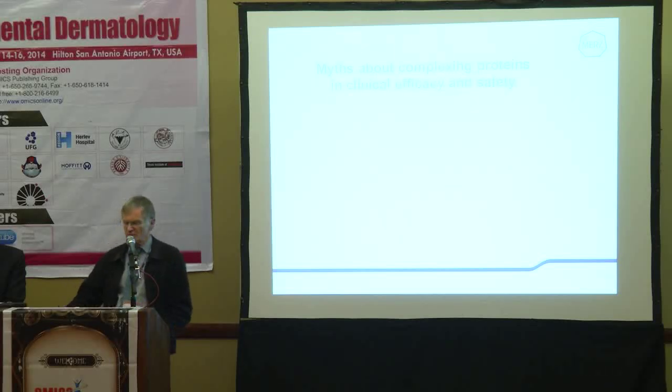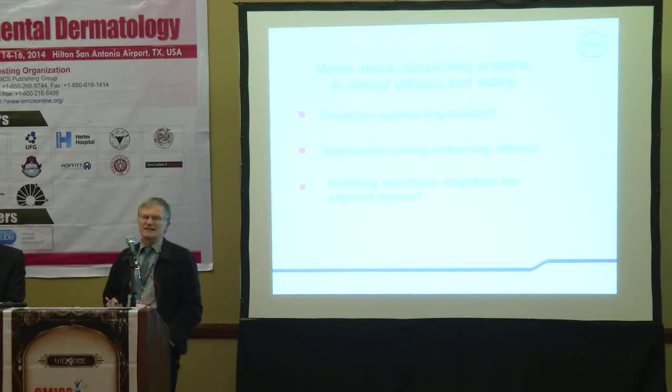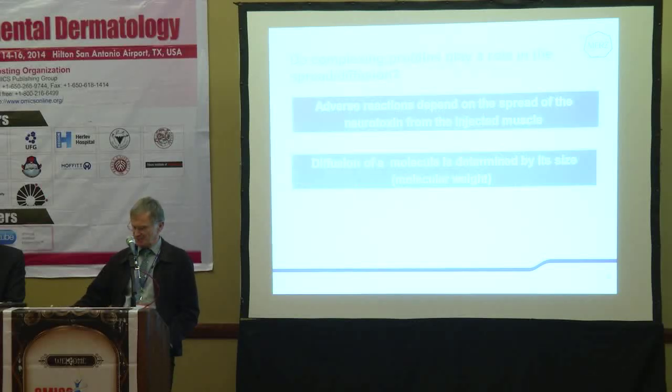Let's come back to the complexing proteins. They have no role in the activity, but there are claims they could have an effect in the therapy. That means protection against degradation, stabilization, or inhibiting of the neurotoxin migration into adjacent tissues. Why is diffusion interesting?